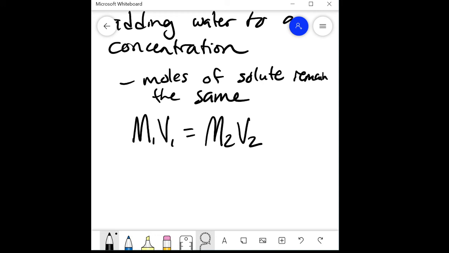But since the moles are the same, you could just set them equal to each other. So that's where this comes from. And your 1 is normally gonna be the more concentrated solute.